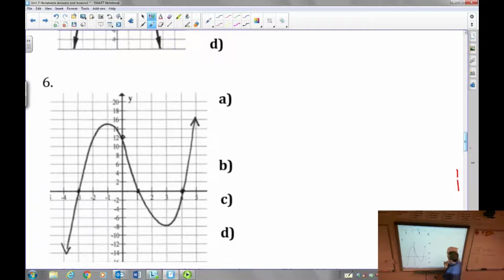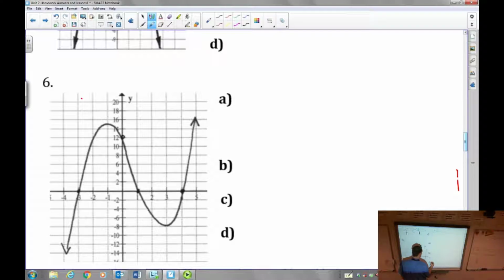So maybe I'll jump to number 6 to help you. An odd function actually has to be rotated 180 degrees about the origin, like that, and then it does look the same. In this case, this one's not being rotated around the origin.